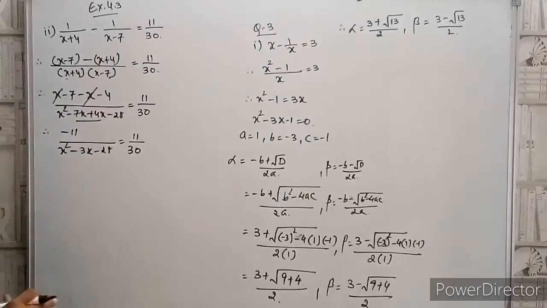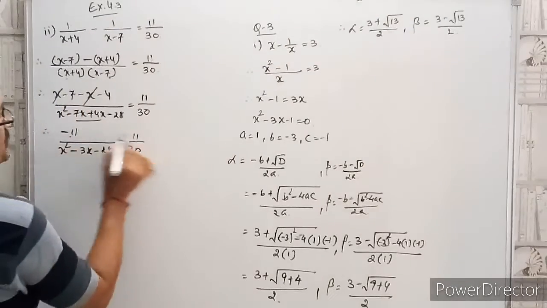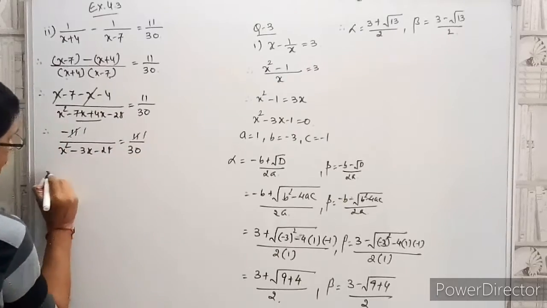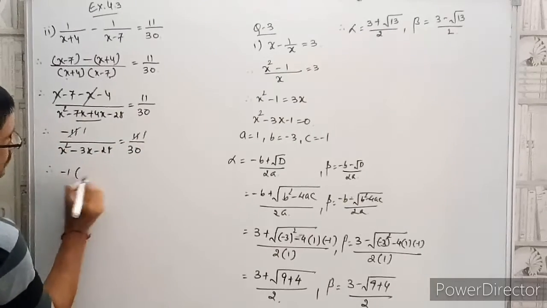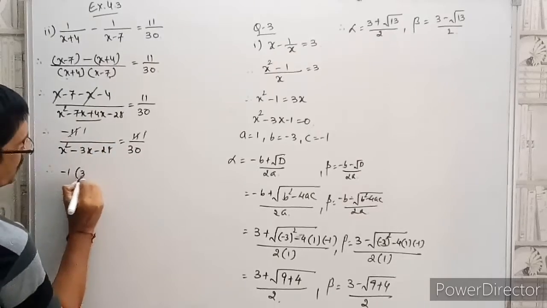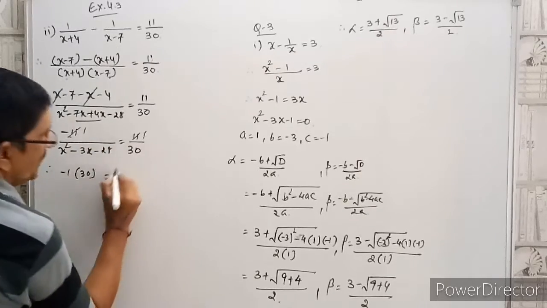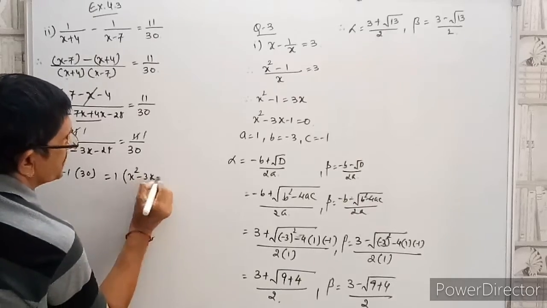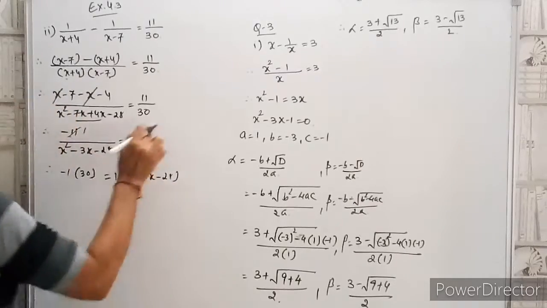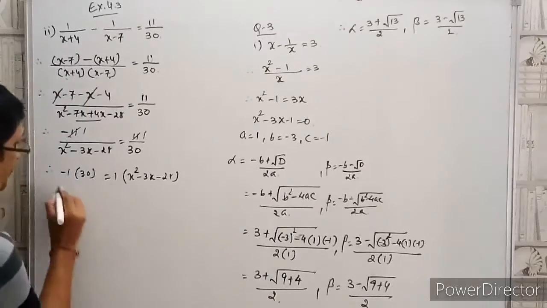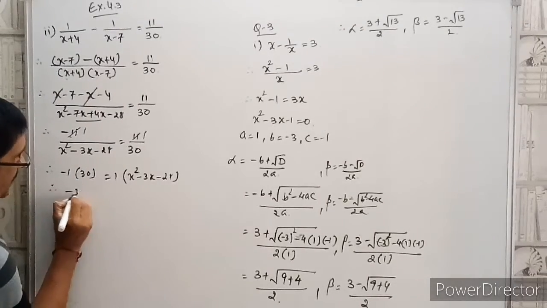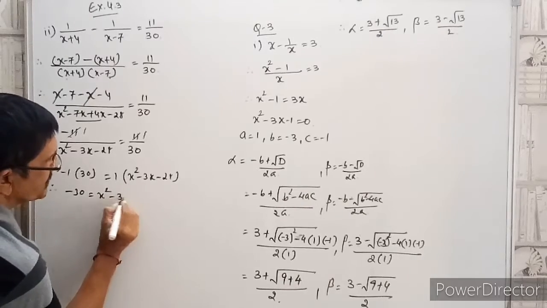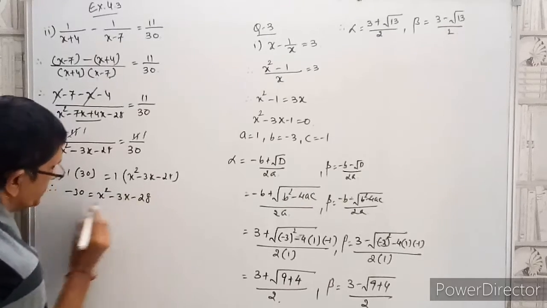See, here also we can simplify. Both the numbers in the numerator are same. So 11 ones are 11 ones are, so that is minus 1. Now 30 will multiply over here, and 1 with that, the denominator x square minus 3x minus 28. Cross multiplication. Okay. So here minus 30 is equal to x square minus 3x minus 28.